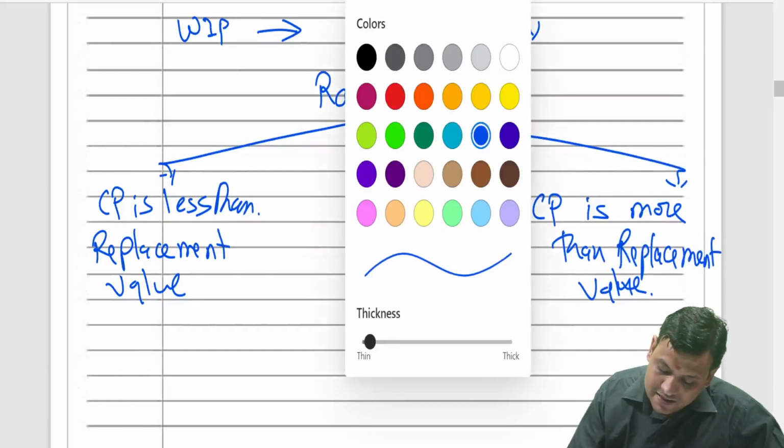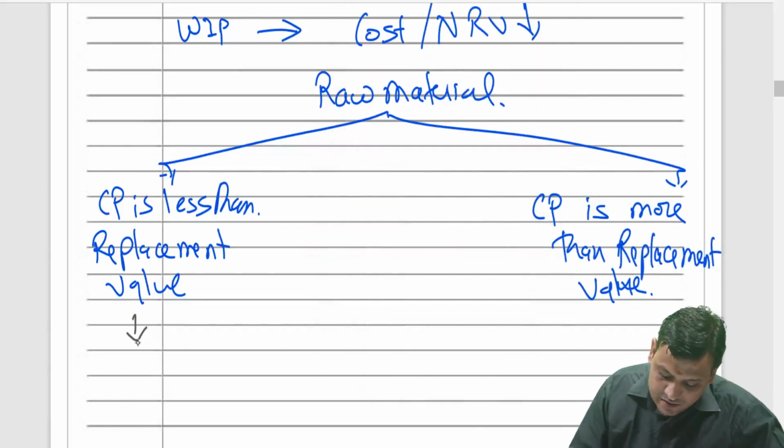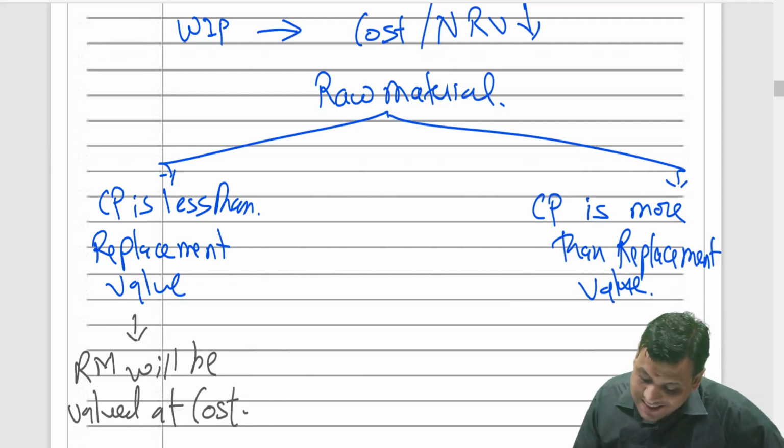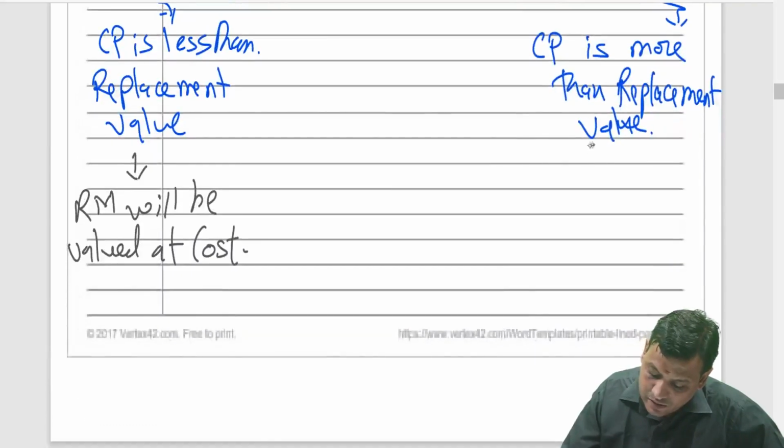If cost price is less than replacement value, my friends, raw material will be valued at cost. But if cost price is more than replacement value, then you have two options.